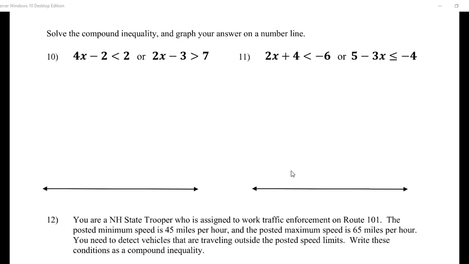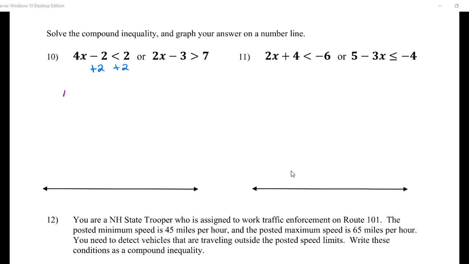For OR inequalities, you just solve them separately, the same way you would solve a simple, one-sided inequality. So solve 4x minus 2 is less than 2, and then solve 2x minus 3 is greater than 7. And then we graph them on the same number line.